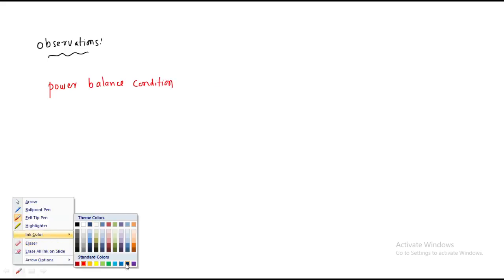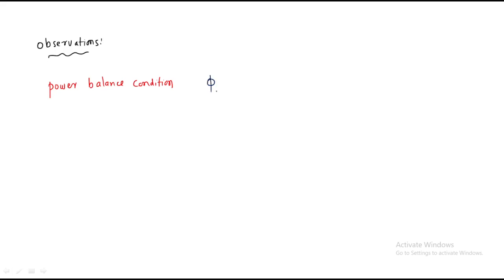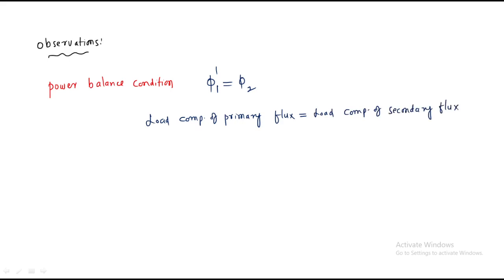We all know that phi 1 dash equals phi 2, that is, the load component of primary flux equals the load component of secondary flux.